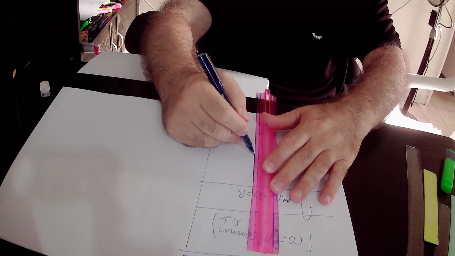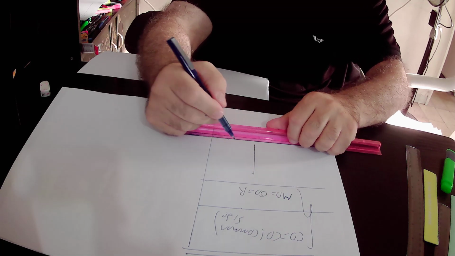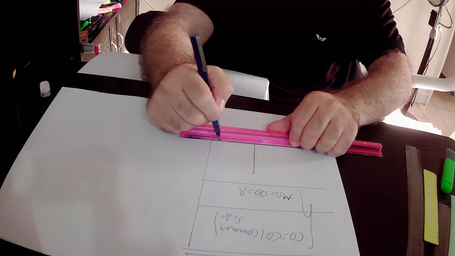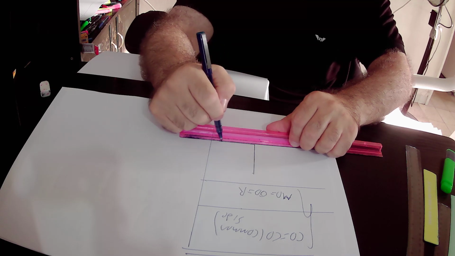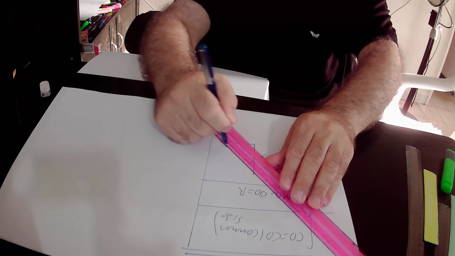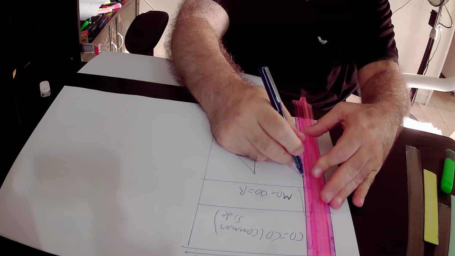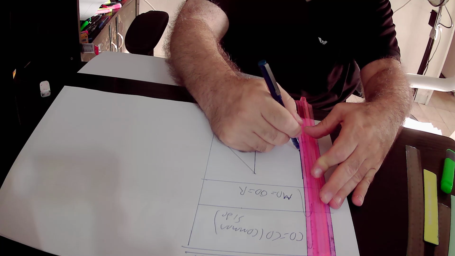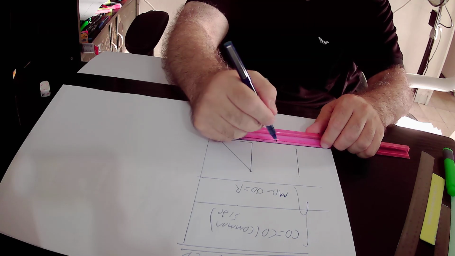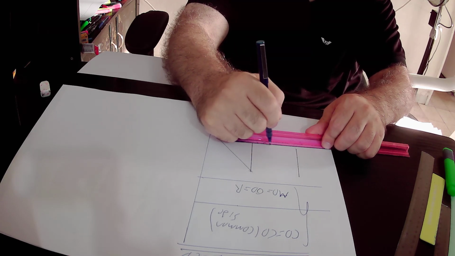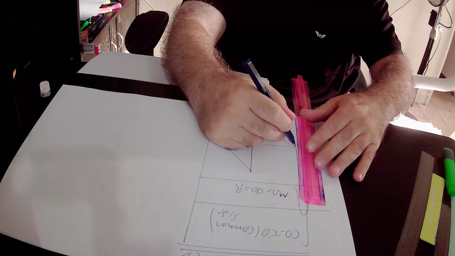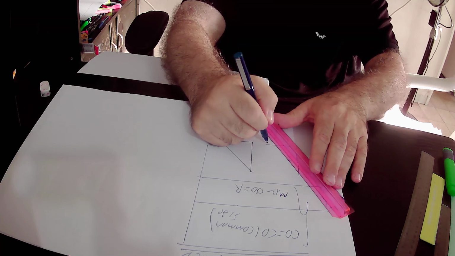If we have triangle ABC, triangle ABC is a right triangle.